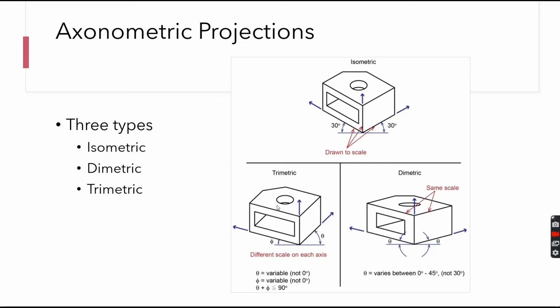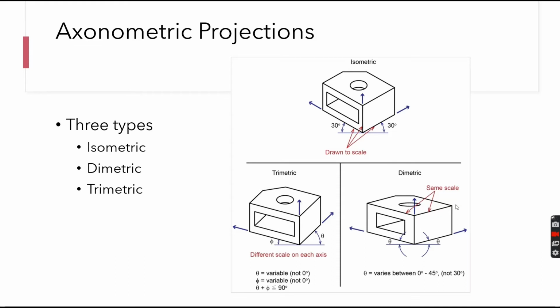Here in a trimetric, we can put a different angle, trying to make it look more realistic. So we can pick any angle that we want there. Now we can do that in Inventor just by moving it around. Here is a dimetric. These are not drawn to scale, but they're drawn to the same.